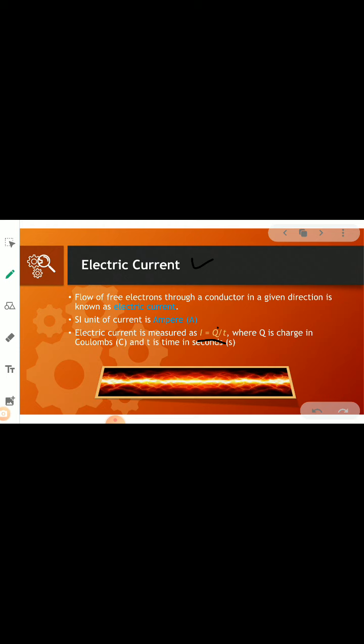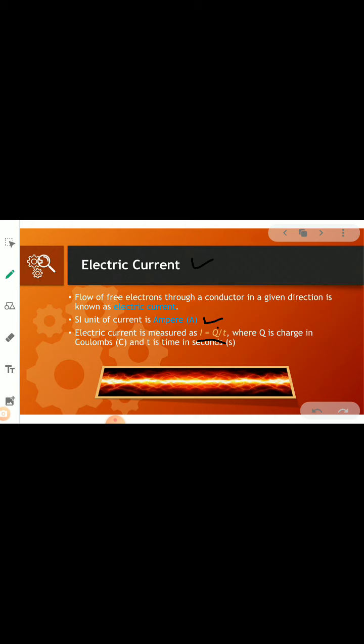So electric current has an SI unit: coulomb per second, because Q divided by T is coulomb per second. The SI unit of electric current is coulomb per second, which is also called ampere.